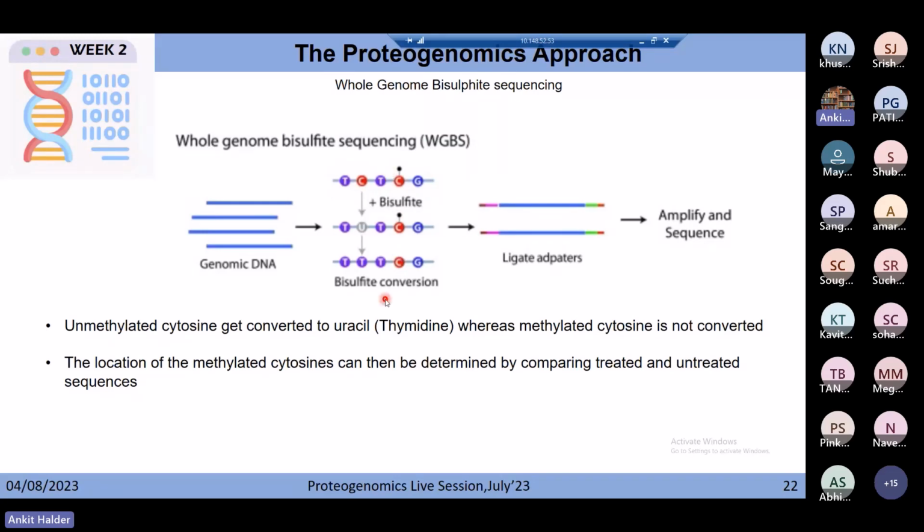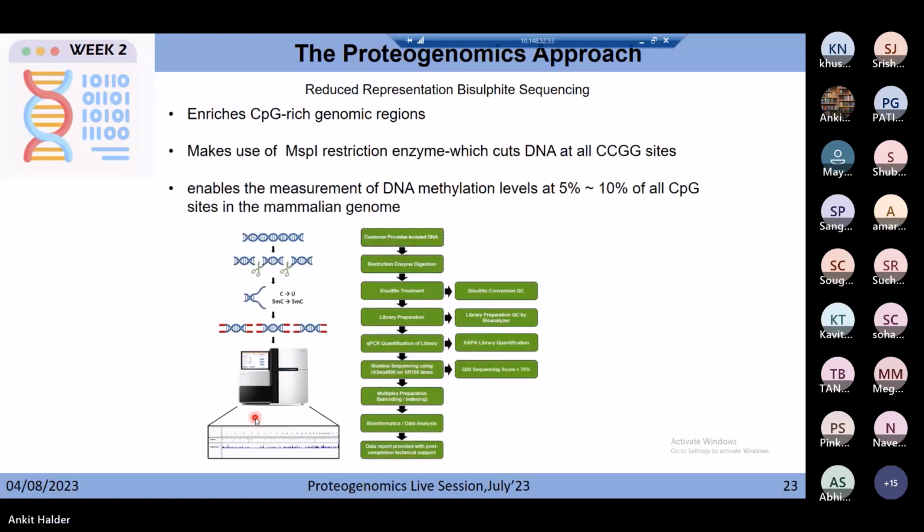So we can understand which regions of the DNA have been methylated using whole genome bisulfite sequencing. This can be determined by comparing our treated and untreated sequences. This was one of the sequencing methods to understand DNA methylation: whole genome bisulfite sequencing.